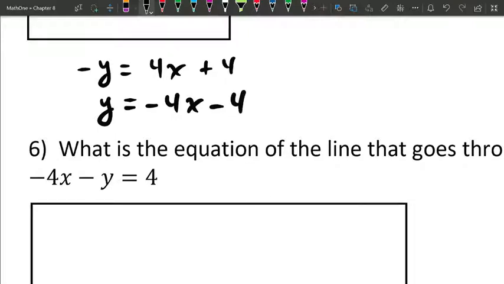So I now know this line has a y-intercept of -4, and it has a slope. The slope of the line that I was given is -4.